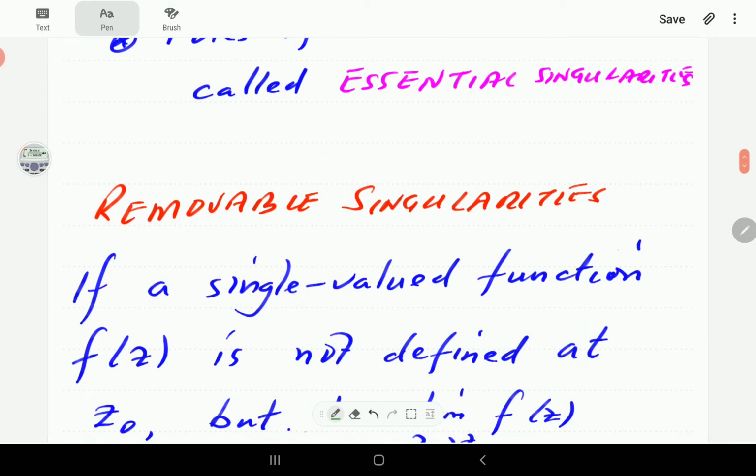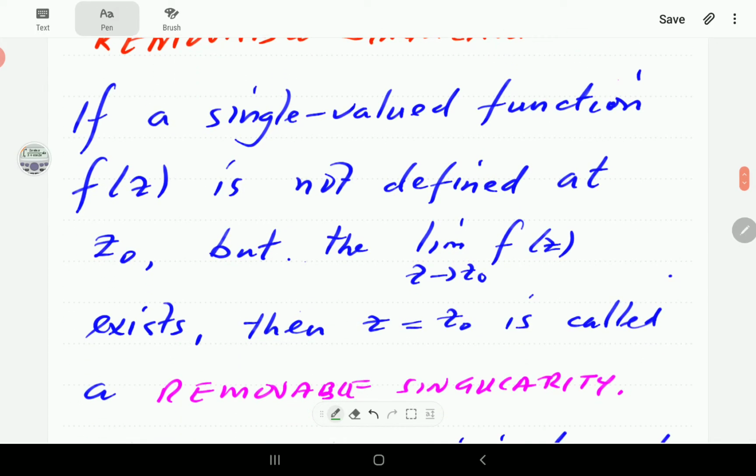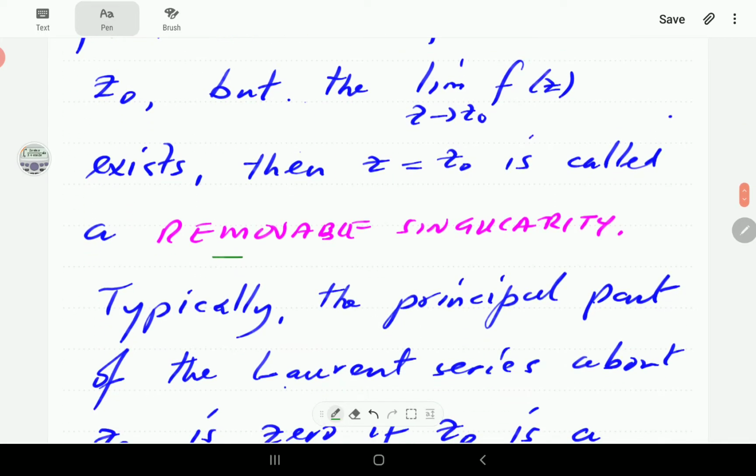Okay, then the next one is what we call the removable singularity. In this case, if the function is not defined at z0, but the limit as z goes to z0 of f exists, then z0 is called a removable singularity.